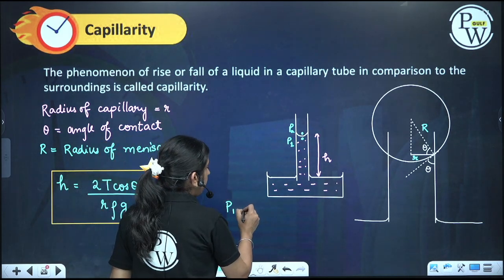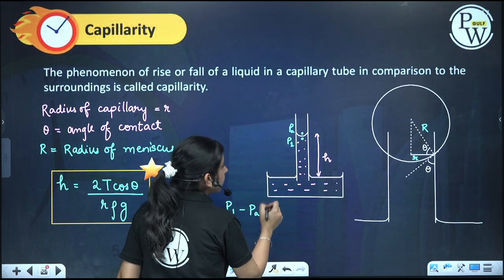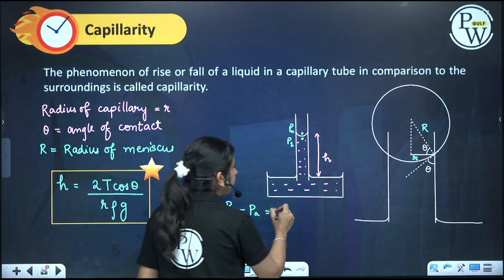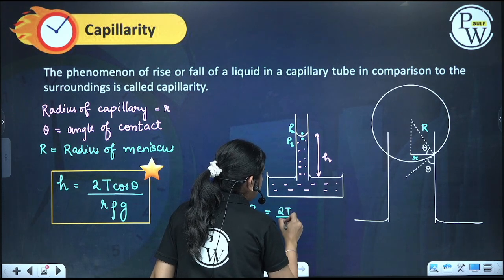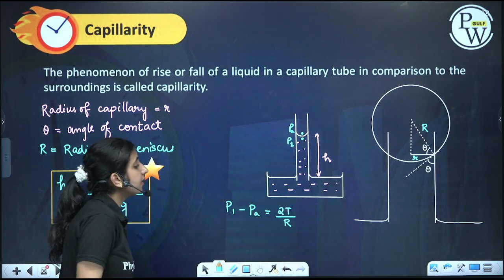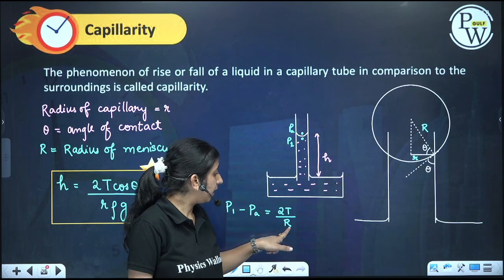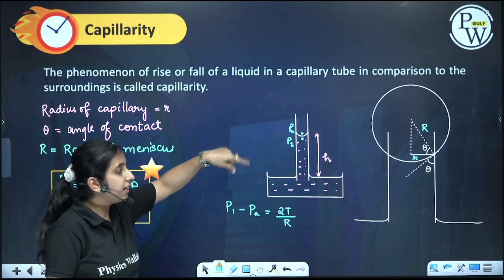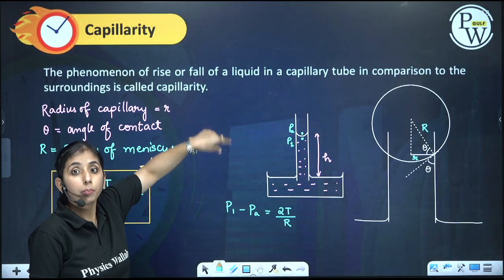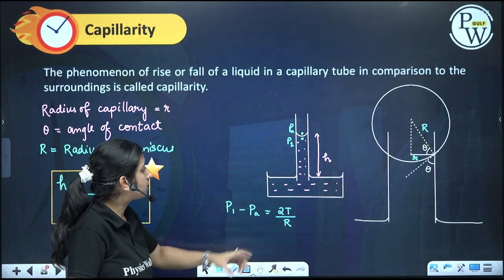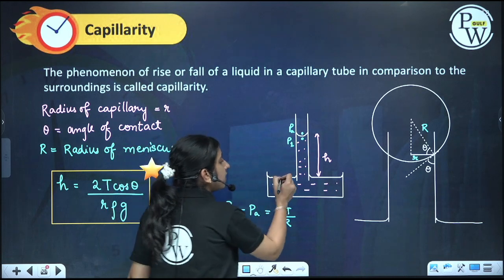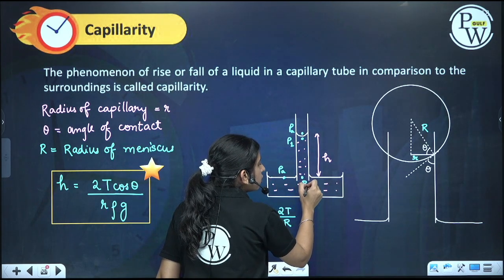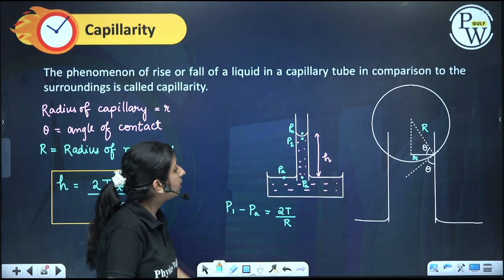So P atmospheric minus P1, the excess pressure, will be equal to 2T by R, where R is the radius of the meniscus.